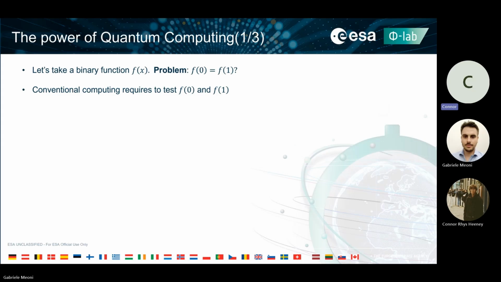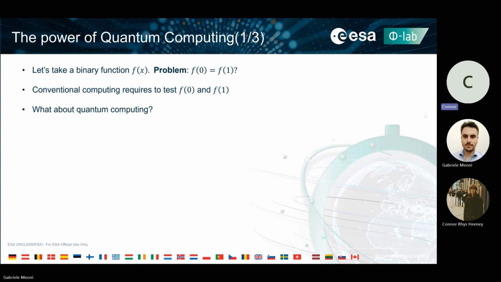Are you familiar with Boolean functions? A digital function that can return 0 or 1, depending on the input. So if you want to test, is f of 0 equal to f of 1? Classically speaking, you need to do two operations. Calculate f of 0, calculate f of 1, and then you know.